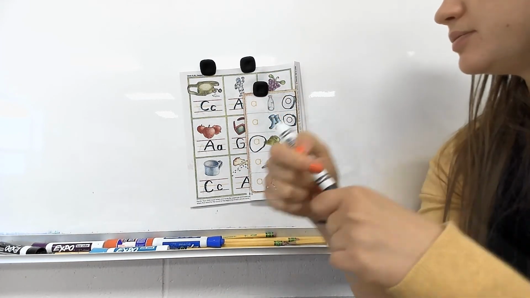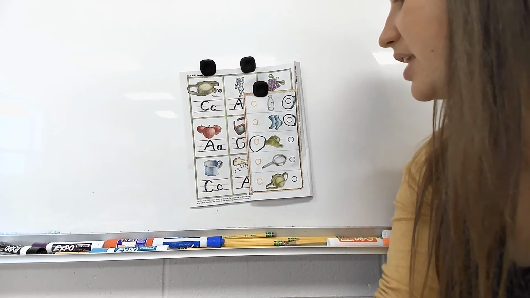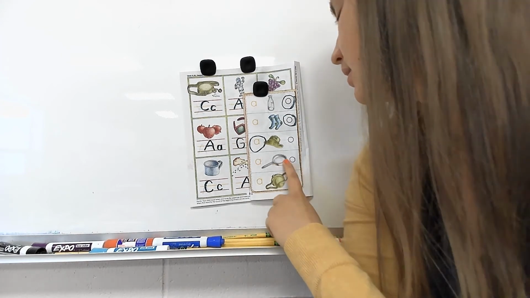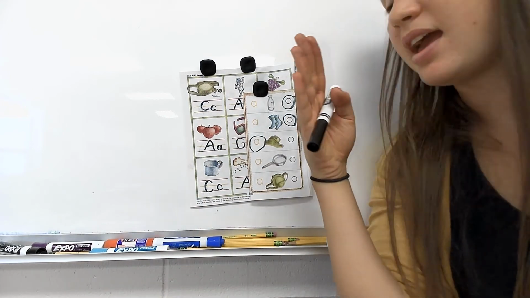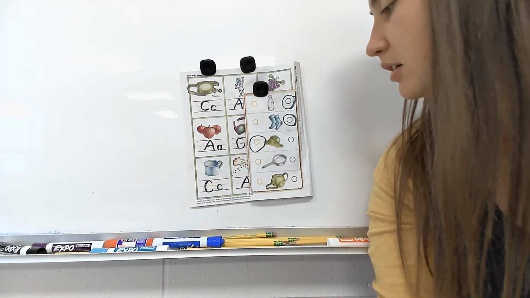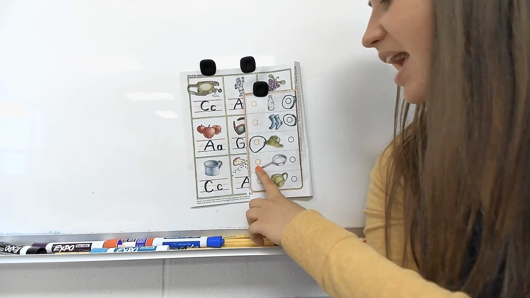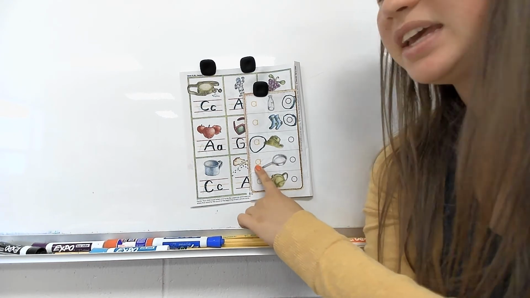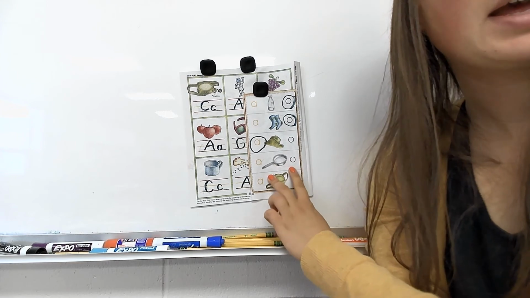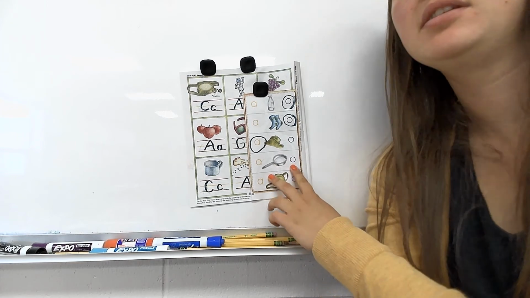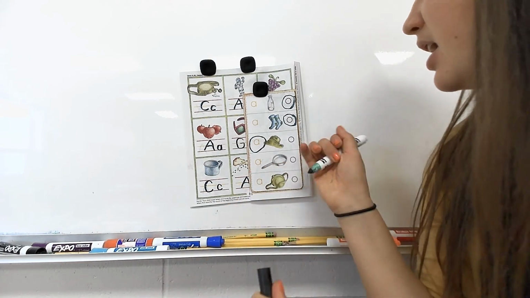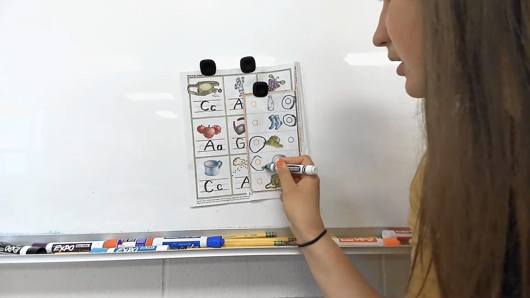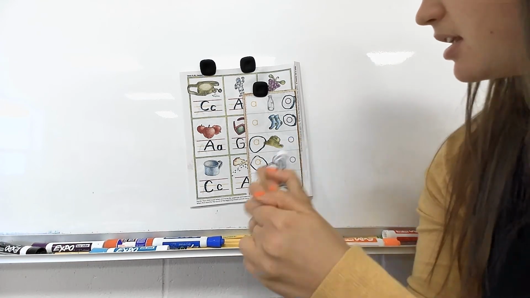What about pan? Pan. You try it. Do you hear the A sound in pan? Or do you hear the O sound in pan? Yeah, you should hear the A sound. Pan.